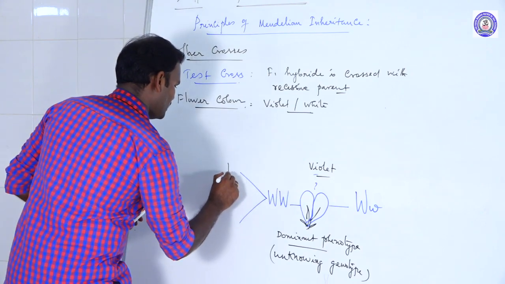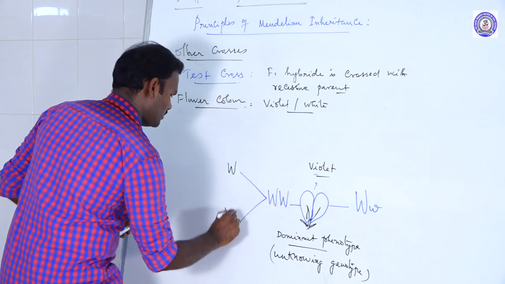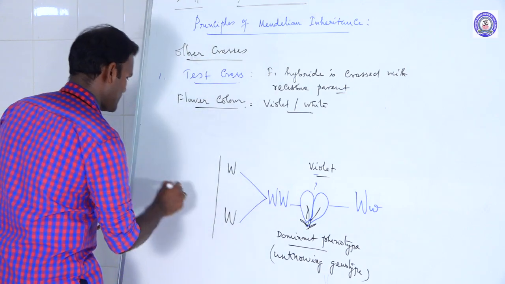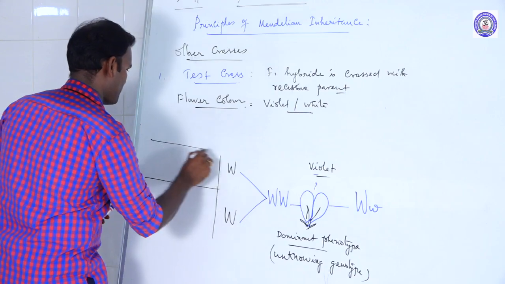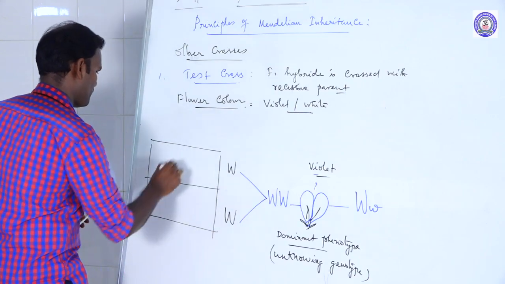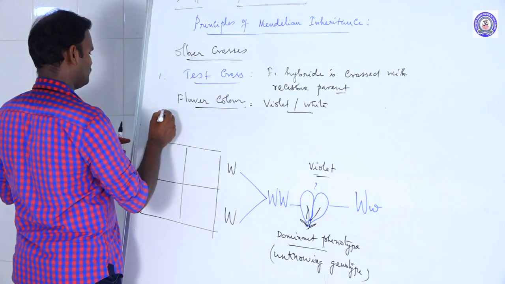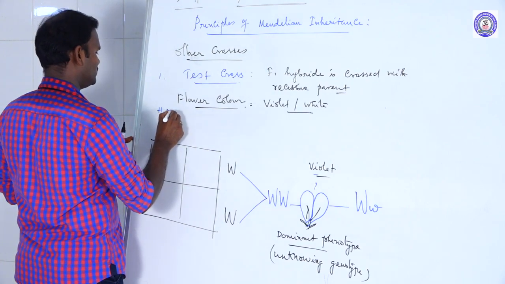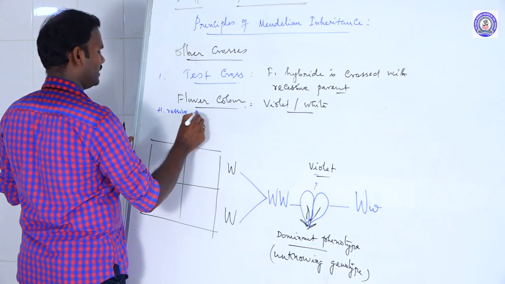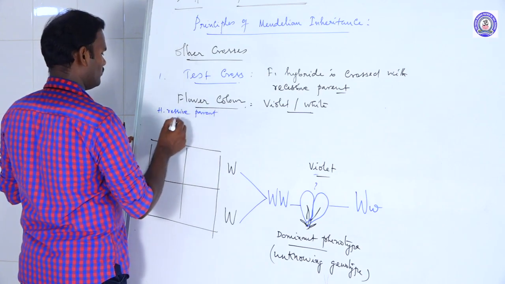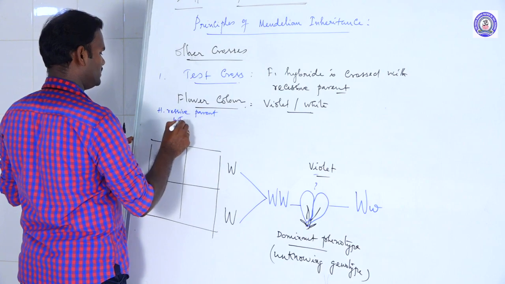First, the plant produces gametes, capital W and capital W, crossed with the homozygous recessive parent. What is the homozygous recessive parent? White.